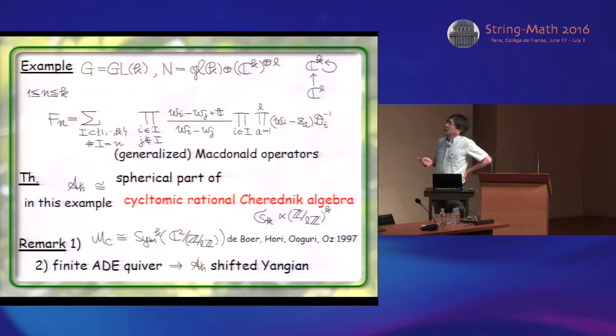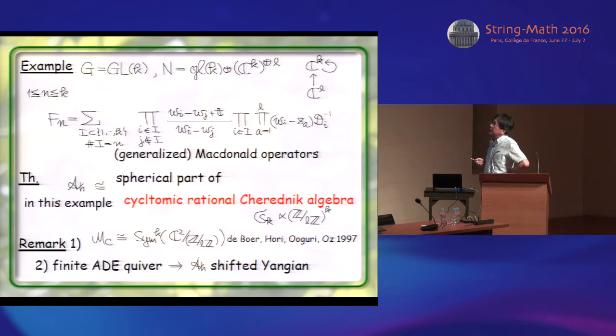So anyway, according to this homology group, I can write down the corresponding homology class, the fundamental class, as an explicit difference operator, as I said. So this is the answer. It's a sum over all subsets of 1 to k whose cardinality is equal to n.